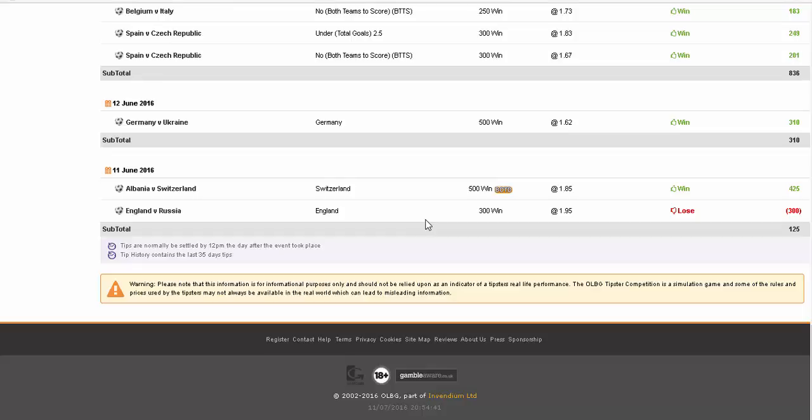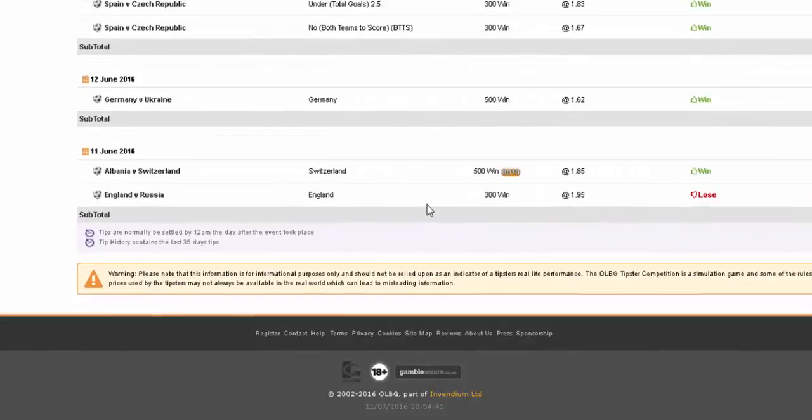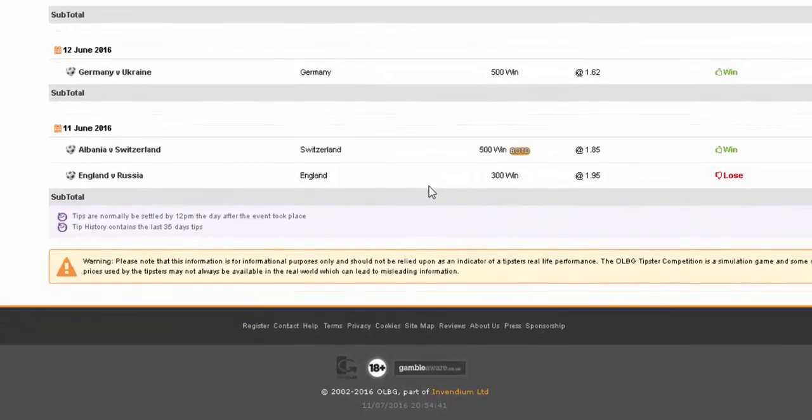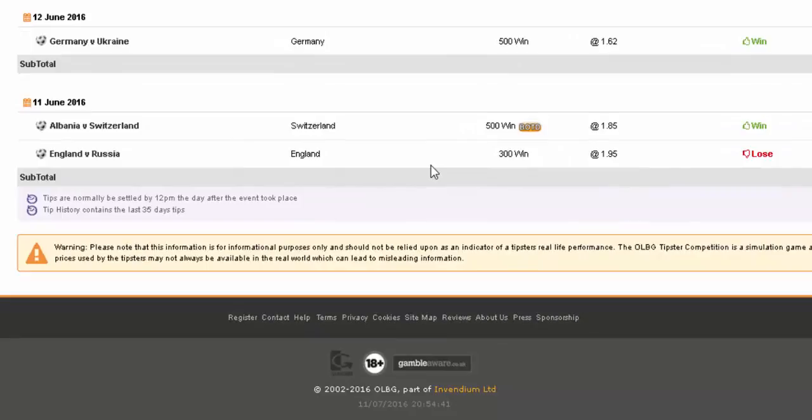At the same time, England had done very well, as they often do, in the group stages. And I just thought, nope. And my classification was backing England. So I backed them. And they lost.